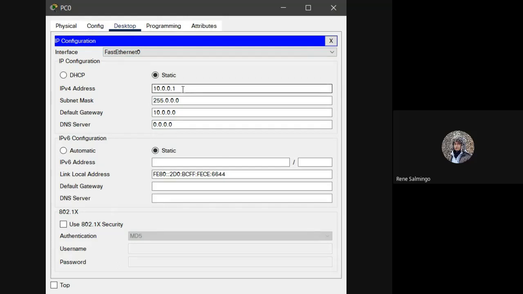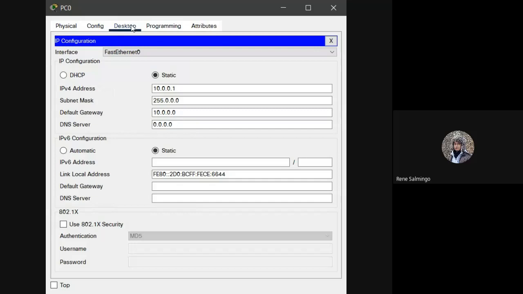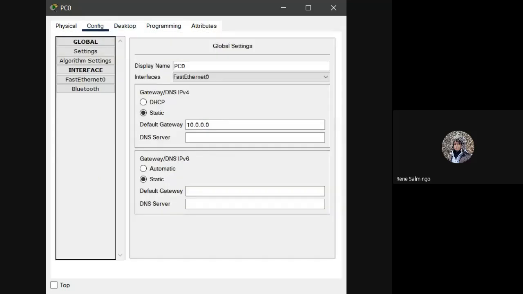So this is PC1, and this is the auto-generated subnet mask, and this would be connected to the gateway as we see here in the configuration. This is the gateway. So these two are just the two tabs that you're going to use for this moment. But in the example, you have 192.168. So it depends on the range that I'm going to give you.